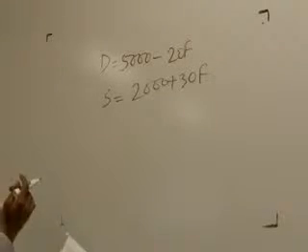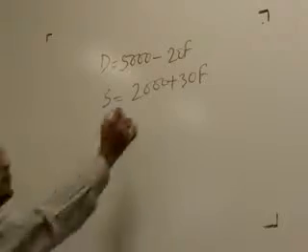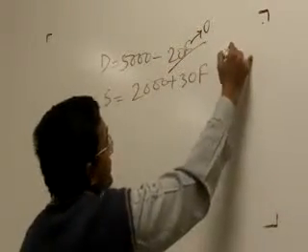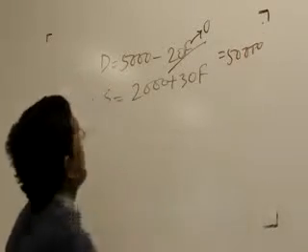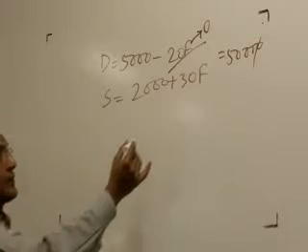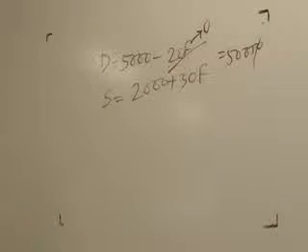So what will be the demand? If you don't have to pay anything, your price would be 0, right? So you put 0 here. If we put 0 here, the demand is 5,000, and the government is paying $100 to the suppliers.